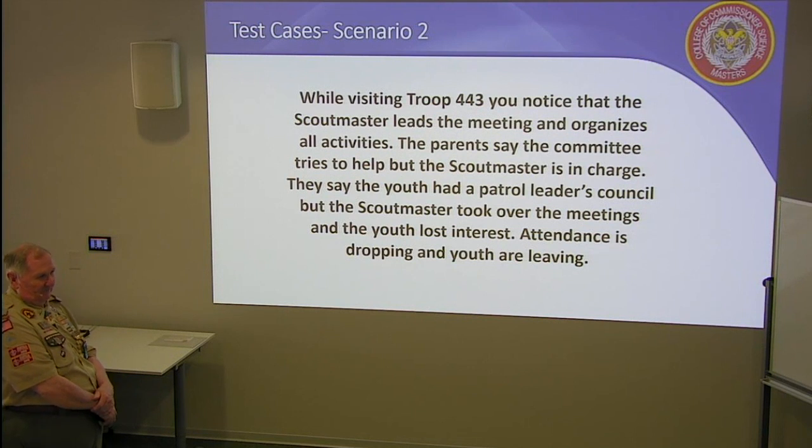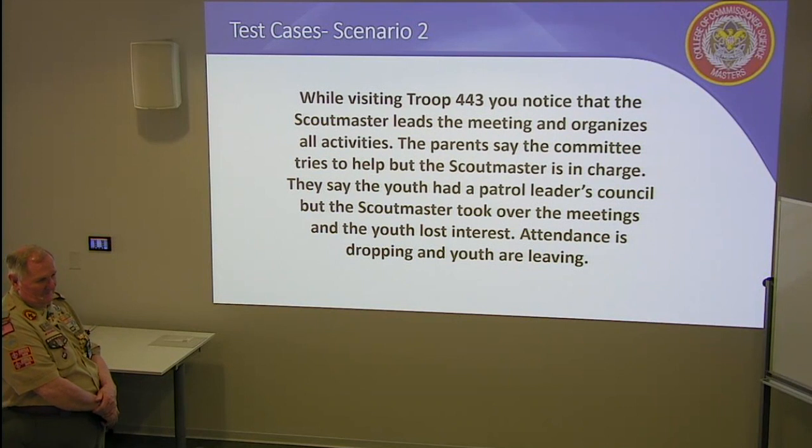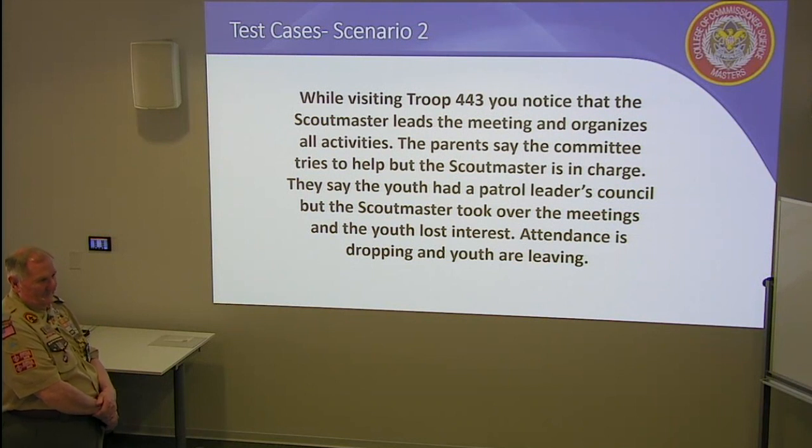It should be done with the assistants or the patrol leaders, but maybe he doesn't have the education. But right off the bat, why is the Scoutmaster taking the lead? Is there just no leadership in the youth to do the leadership?